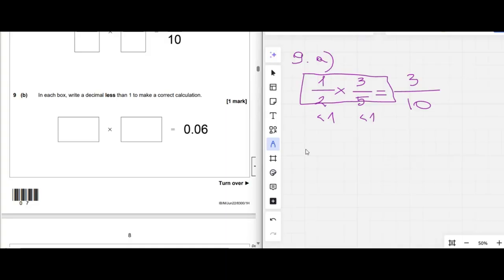In B, we need a decimal less than 1 to make 6/100.